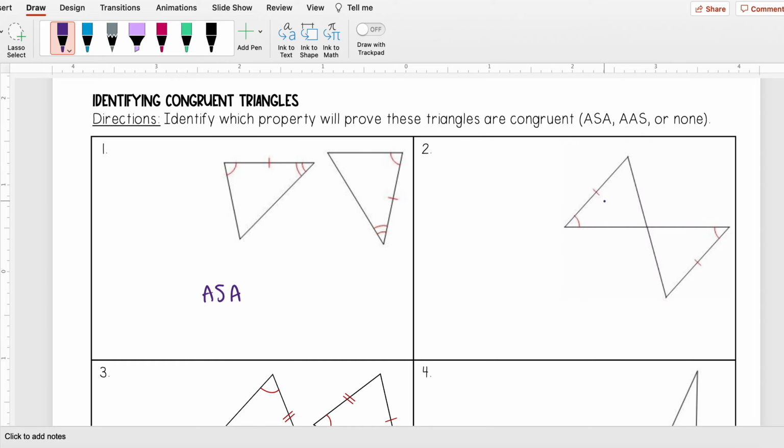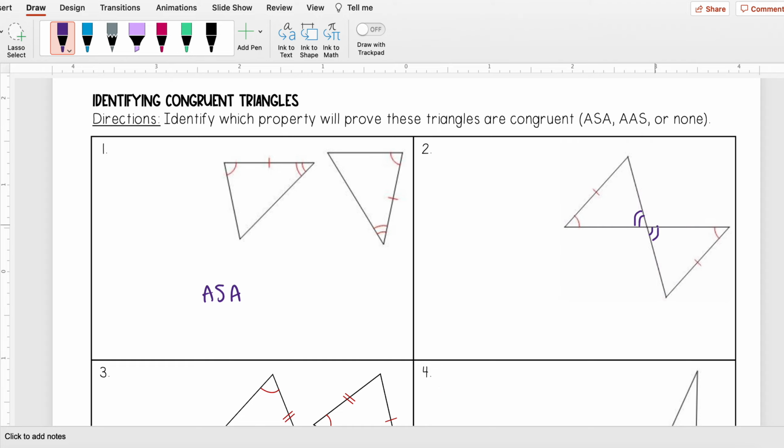Looking at number 2, I see that I have a congruent side, I have a congruent angle, and so that's not enough information to start with. However, I do notice that I have vertical angles here, and we learned that vertical angles are congruent. So I also have this third congruent angle, or the second one.